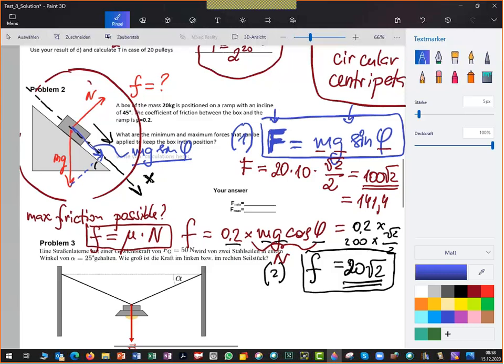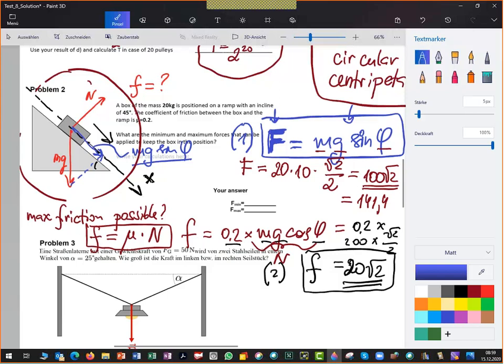And actually, the friction force in your system will be zero because there is no force that tries to move your object. Both forces, downwards and upwards, are perfectly equal, and the friction force will be zero. This will happen if your force is exactly equal to mg sine phi.